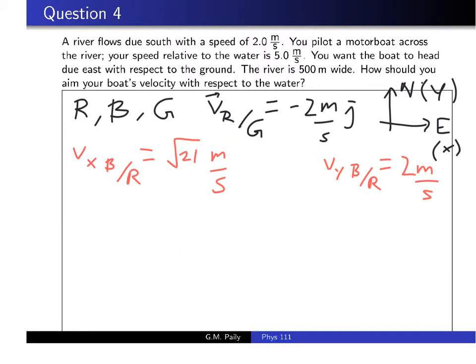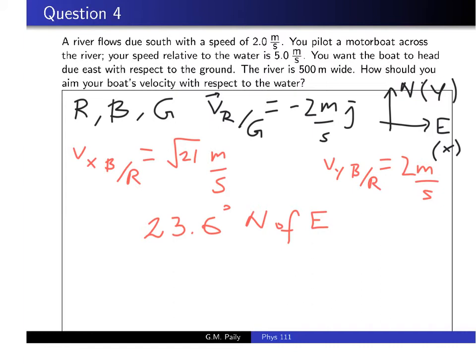We note down this information. Since we now have the x component, the y component, and the magnitude of this vector, we can calculate the angle. Using arctan, we find that the direction of the boat's velocity with respect to the river is 23.6 degrees north of east.